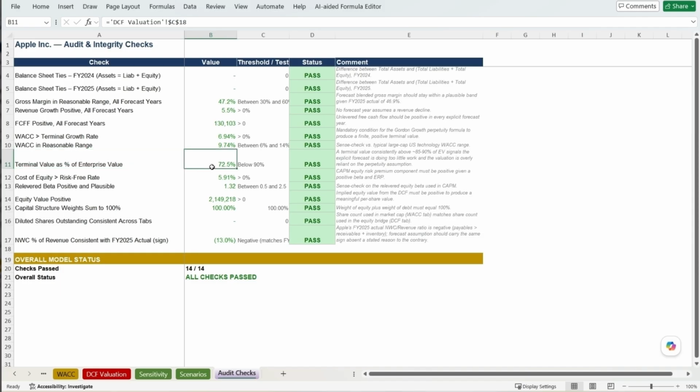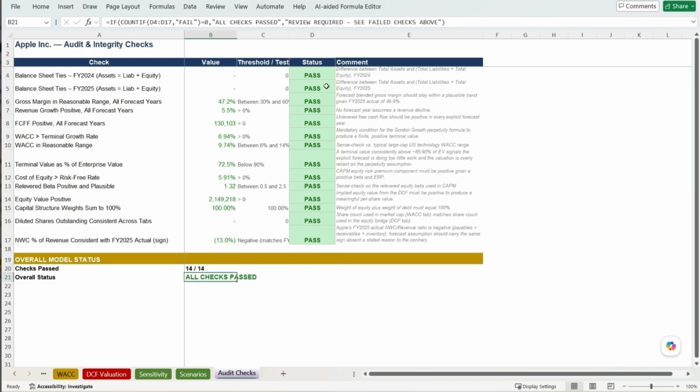So it is 72%, which generally is the case. Terminal value is high, cost of equity, okay, and what is the net working capital as a percentage of revenue? Is it consistent with 2025? So yes, it is consistent. So we have the audit checks over here, and the model has passed all the audit checks.